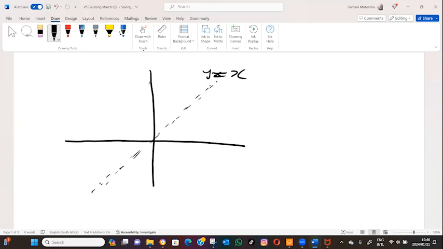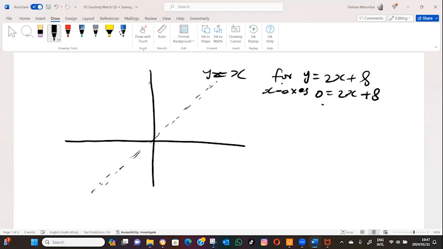So if we were to draw the graph of y equals 2x plus 8, if this is 8, now for your x-axis intercept, 0 equals 2x plus 8.